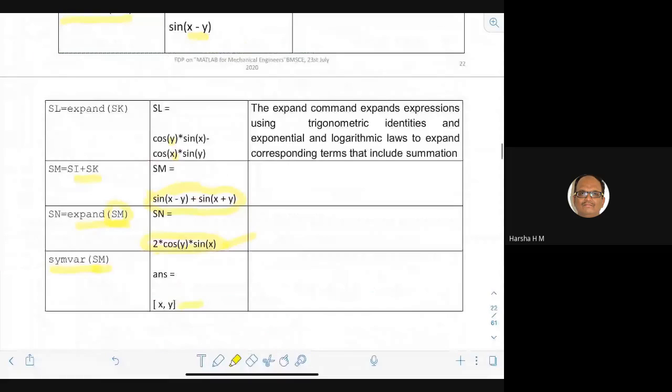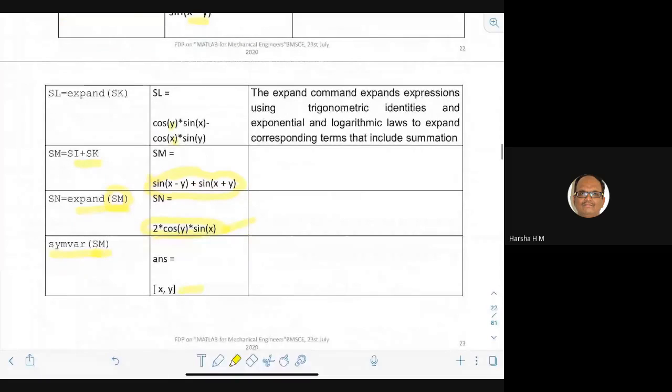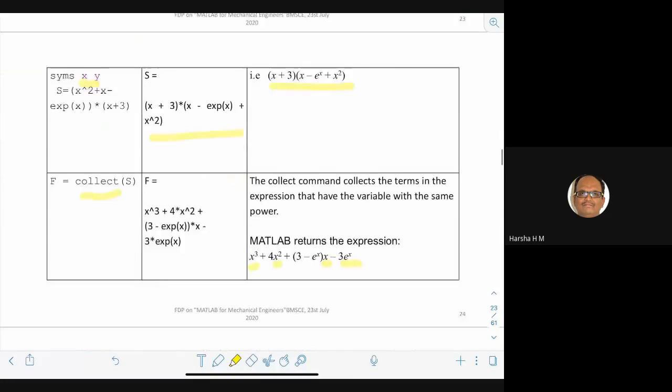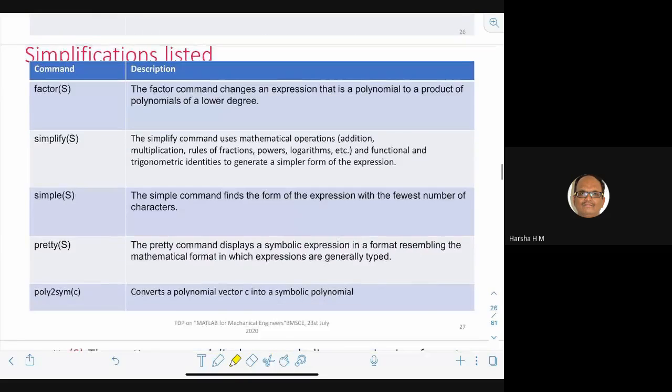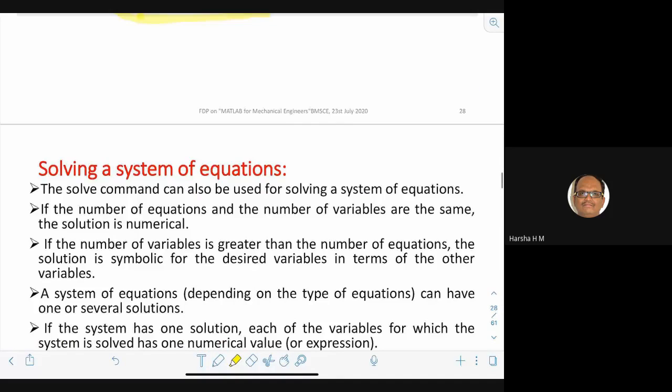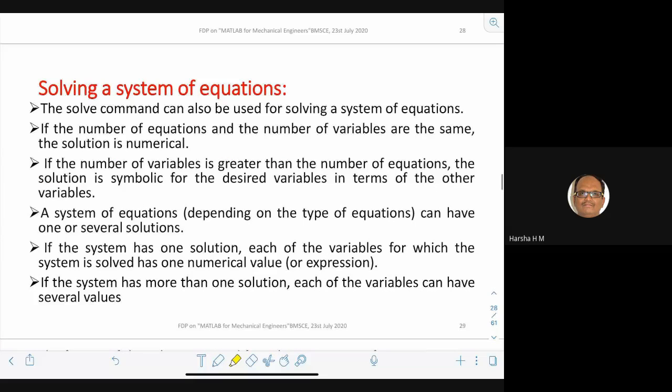Suppose you write a is equal to x square minus y square and say factor of that. It will clearly give the reverse of this. It will say x plus y into x minus y. The factors will be written. And also there is a simplify command. I think I missed it in this slide. I'll just add it.